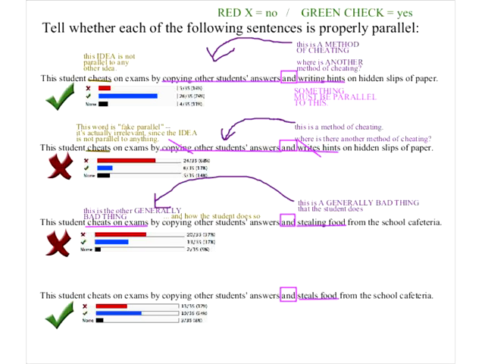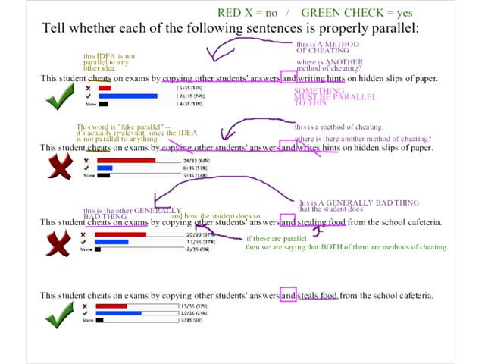If the ones that are parallel here, like copying and stealing, are parallel, then we are saying that both of them are methods of cheating.